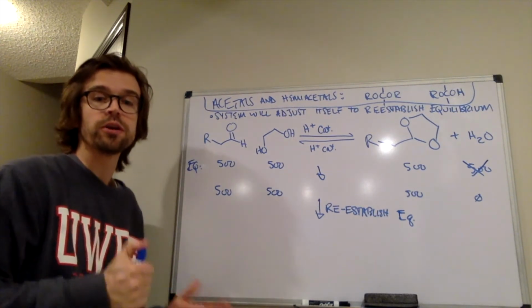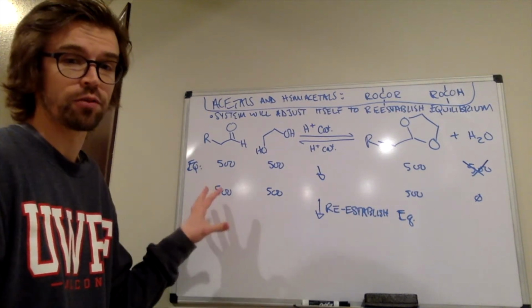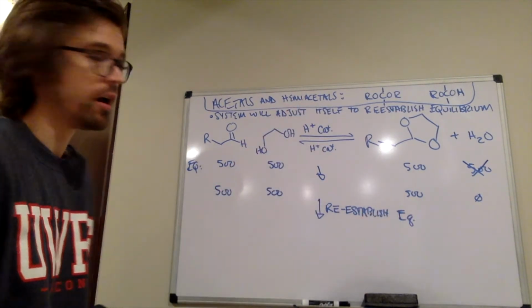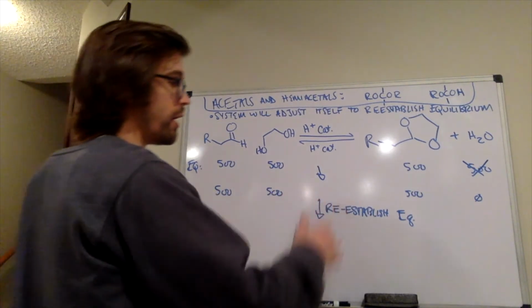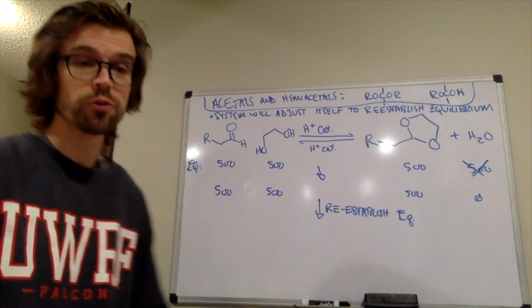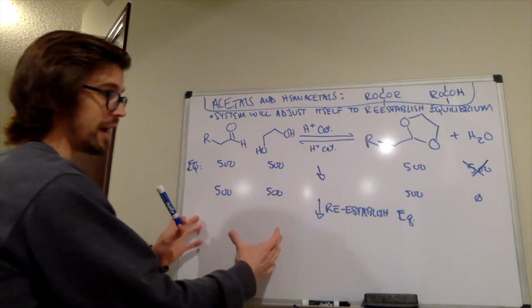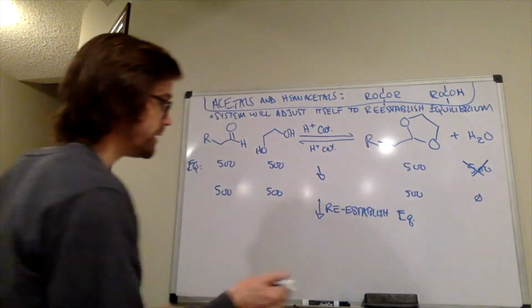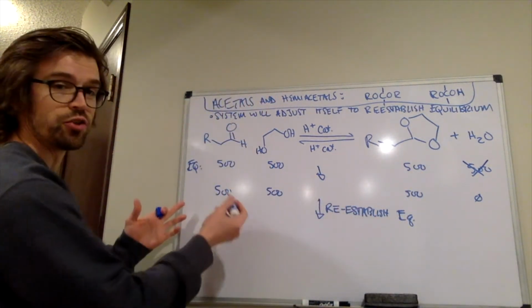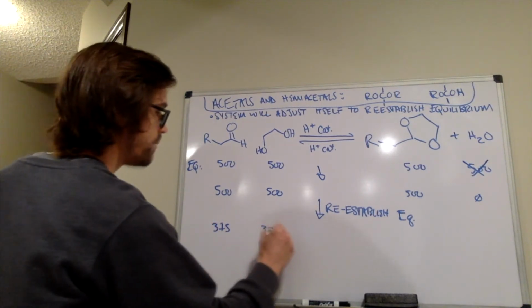And the equilibrium position of this is half of it over here, half of it over there. These are the total numbers of molecules we have. And essentially to get the number of molecules on this side to equal the number of molecules on this side, these are going to drop to 375 and 375.